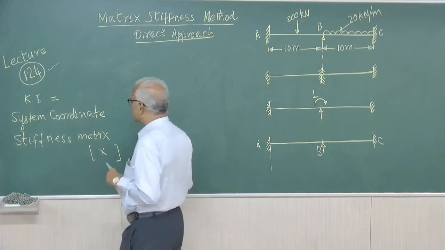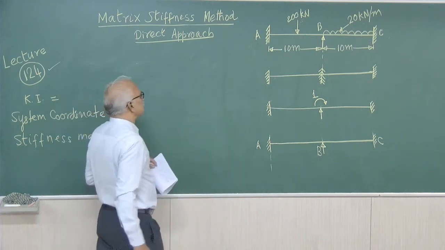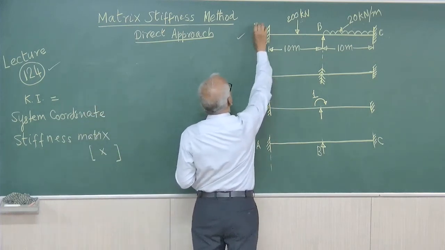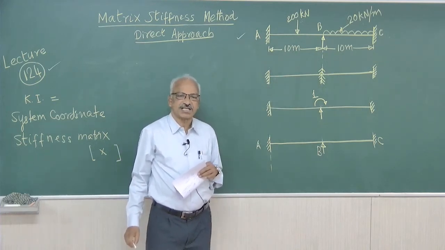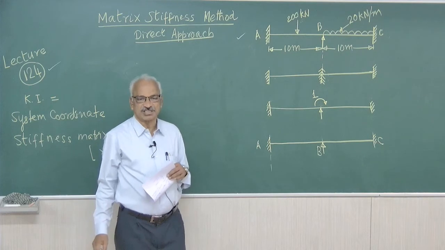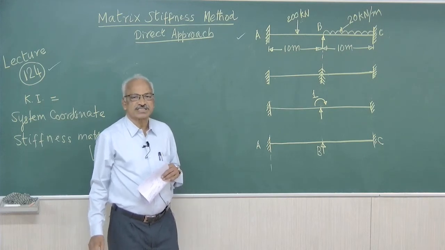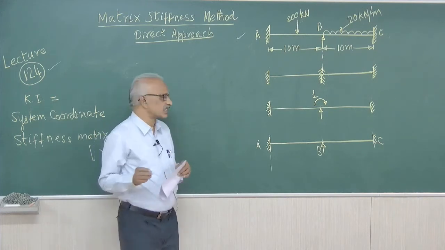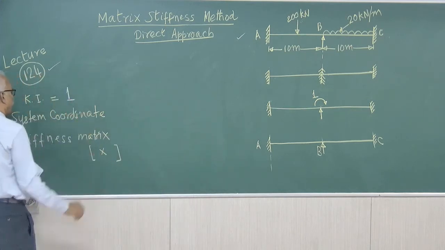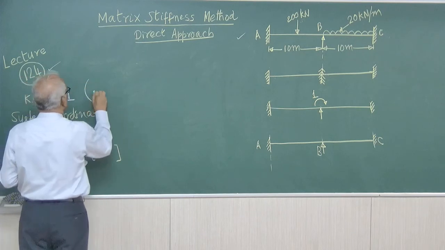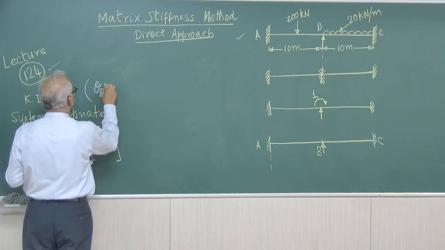For the given structure, the only possible displacement is theta B. Theta A is fixed, C is fixed, theta B is the only possible displacement. So the kinematic indeterminacy of the structure is 1.